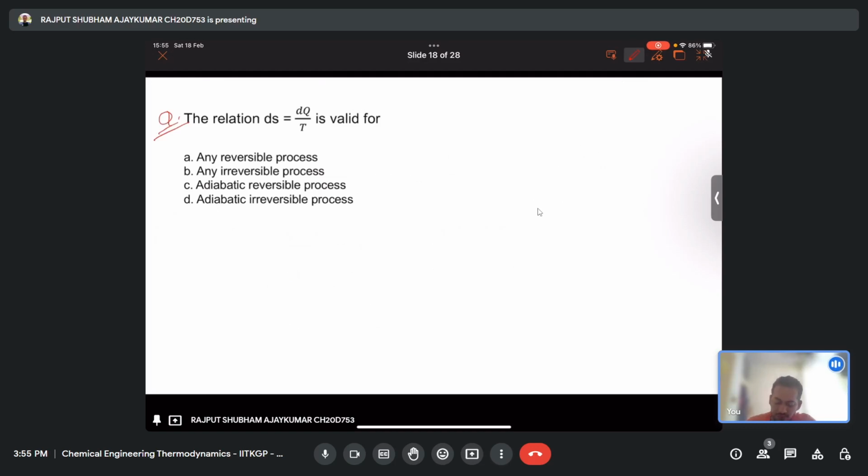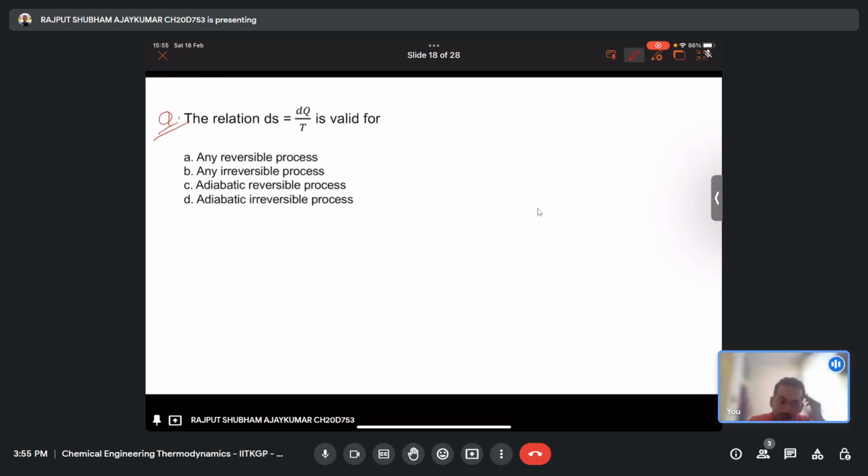In the first numerical, the relation dS equal to dQ by T is valid for which process? I've been saying from the beginning of the lecture how you can relate change in entropy with heat and temperature.